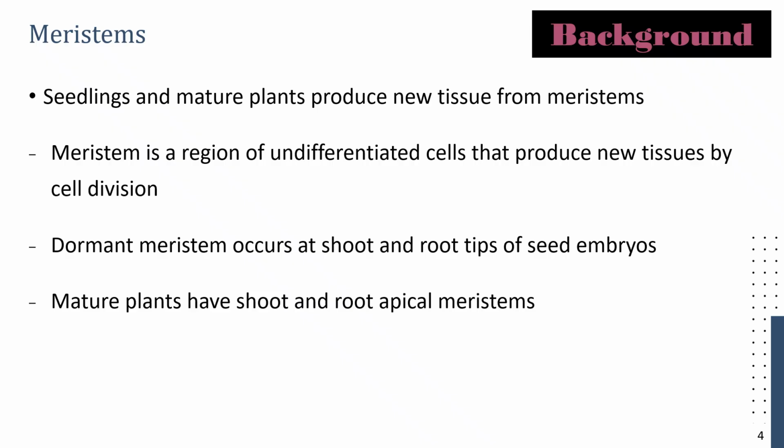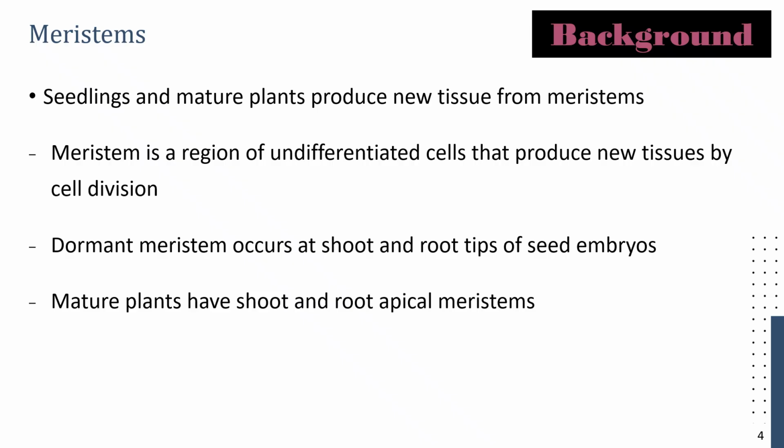Meristems are generally going to occur at the tips of our shoots and our roots, although there are specific places where meristems can occur that are not at the tips of the shoots and the roots. So for example, wherever we're getting a little branch off of a side of a plant, this is another meristem.